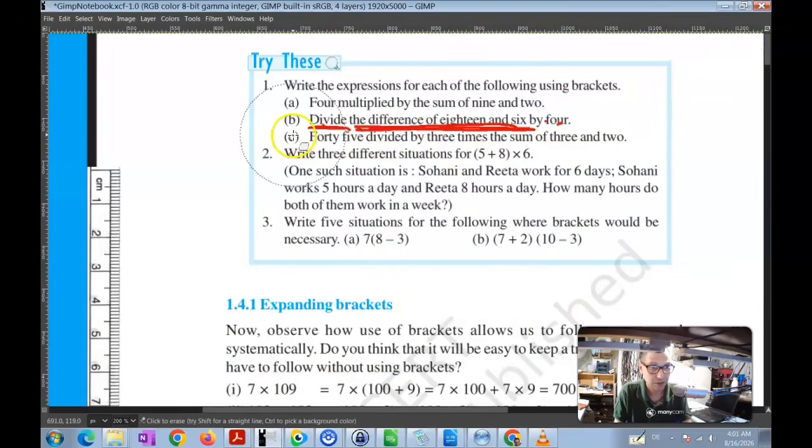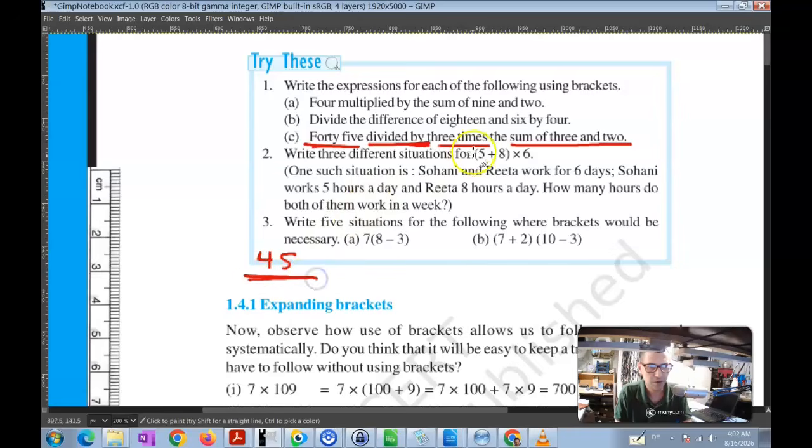Now the next part of this question is 45 divided by 3 times the sum of 3 and 2. So we have 45 divided by 3 times the sum of 3 and 2.